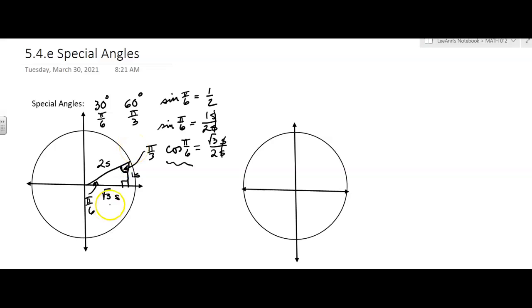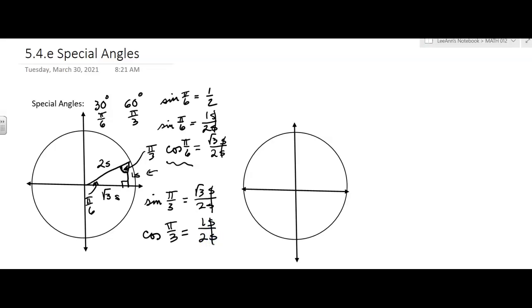And then you could say the same thing. So you could say, all right, the sine of pi over 3 is going to be opposite, square root of 3s, over hypotenuse, which is 2s. And so you get the square root of 3 over 2. And you could do the cosine of pi over 3. You would take the adjacent, up here now, because that's the adjacent, 1s over the hypotenuse, which is 2s.